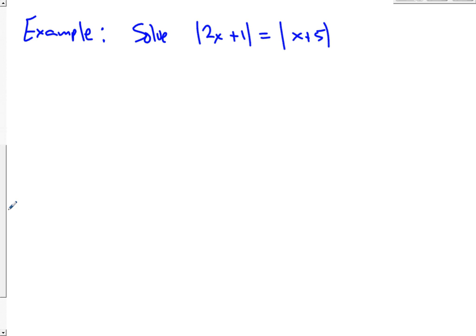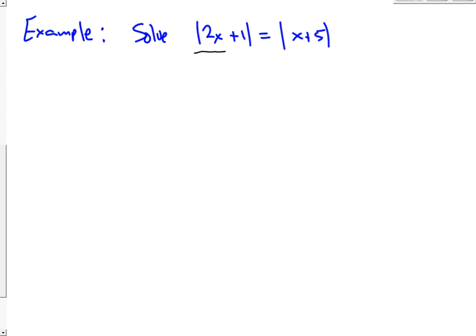Let's look at this problem. We have to solve the absolute value of 2x plus 1 equal to the absolute value of x plus 5. Basically, what we want to do is look at one of these two absolute value expressions and set it equal to either the positive or negative value of the other expression.